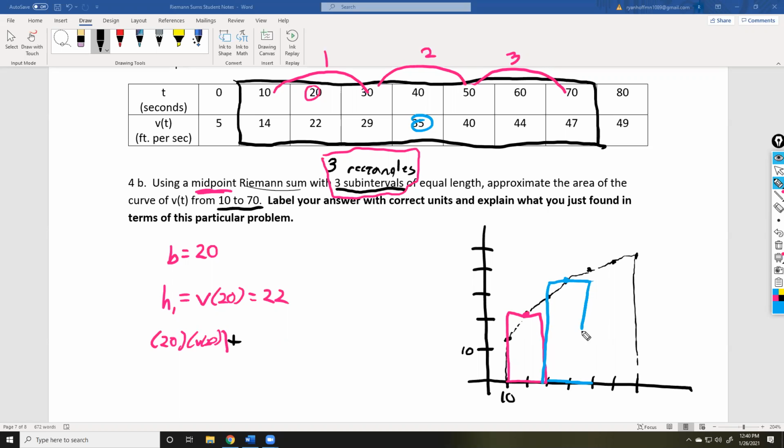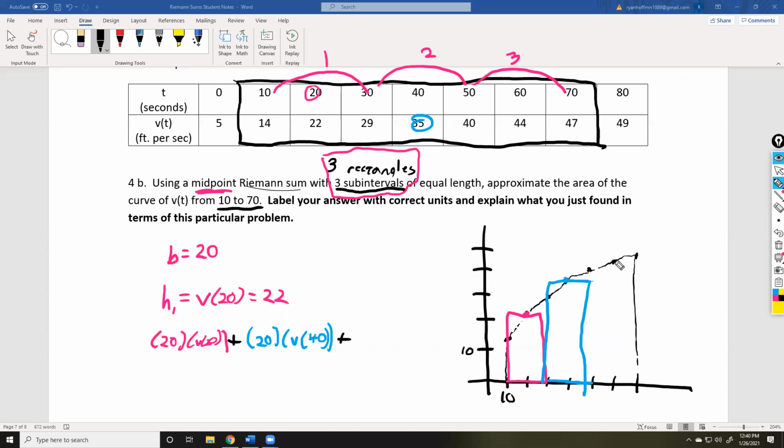So there is rectangle number 2. So our base is still 20. And then our height is V of 40, halfway between 30 and 50 now. And then plus our last rectangle, this time it's going to go from 50 to 70.